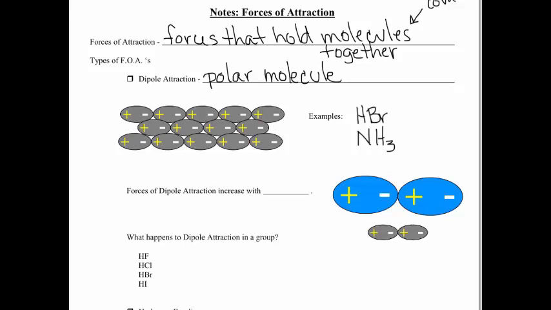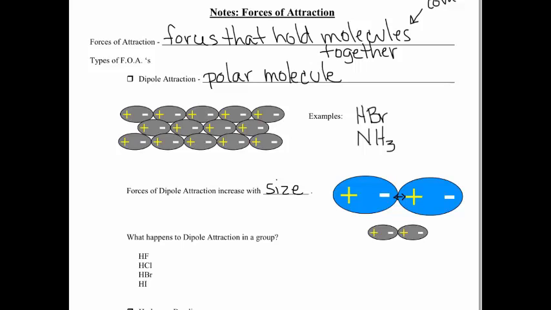If we look at the two examples we have over here, we have some larger molecules and then some smaller molecules. So that force of attraction between those molecules is different, and it's different based on size. The larger they are, the greater that force of attraction, and I'm talking about between the molecules here.